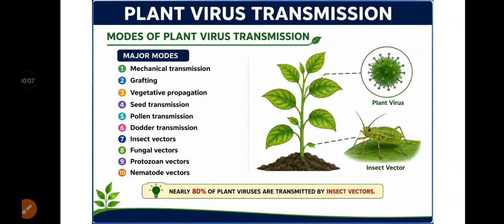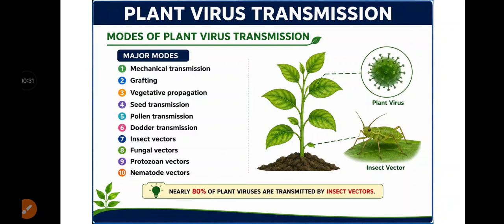So in this video, we will discuss transmission of plant viruses. What are the modes through which viruses transmit? Transmission is different from movement. In movement, the plant virus moves from one plant cell or tissue to another cell or tissue.